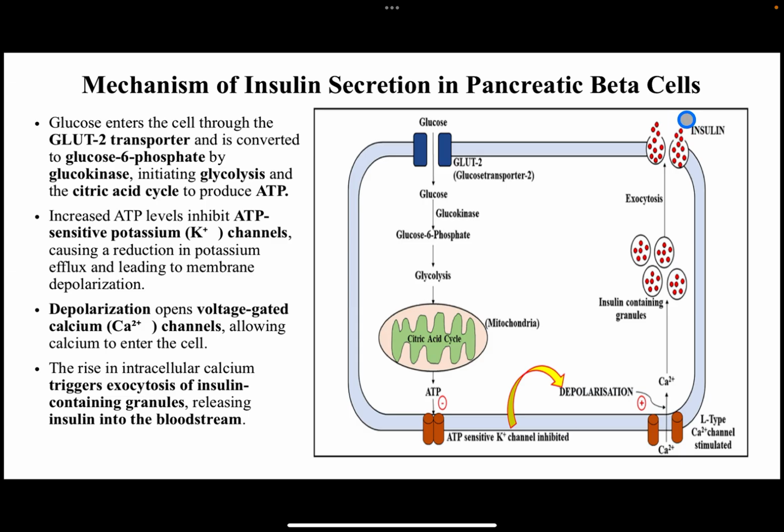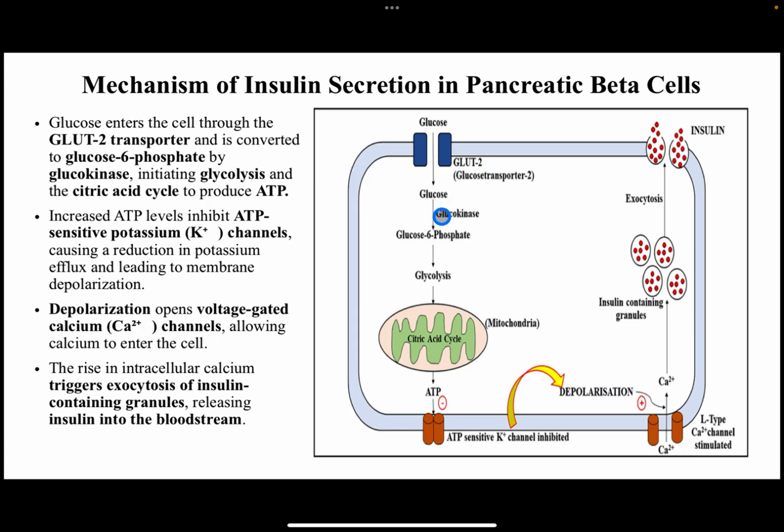Okay, this is the summary of the beta cell activity. It's very simple. The whole process starts when you eat a meal that contains a lot of glucose. Glucose enters the beta cell through the GLUT2 transporter.